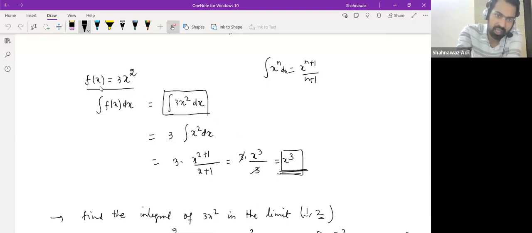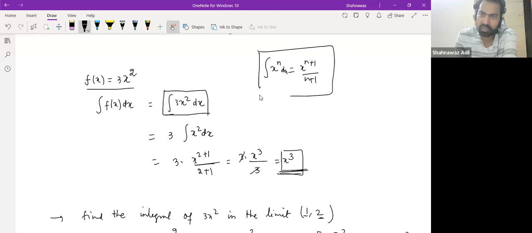So let's say that I choose a function which is 3x squared, and I take the integral of this 3x squared. What I know is that for the algebraic function, the integral of x^n dx is x^(n+1) divided by n+1.